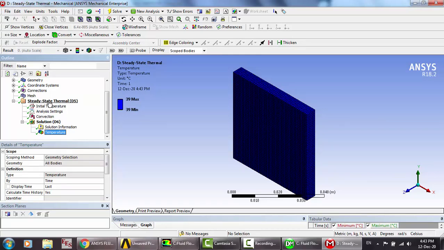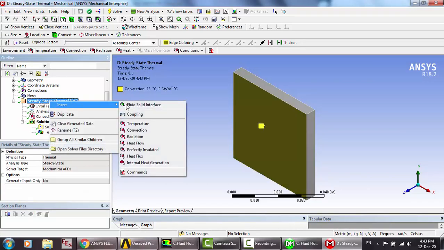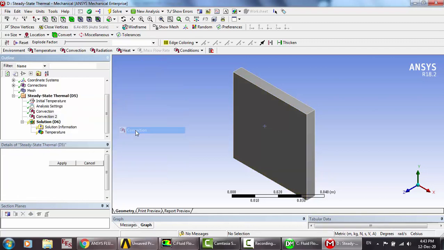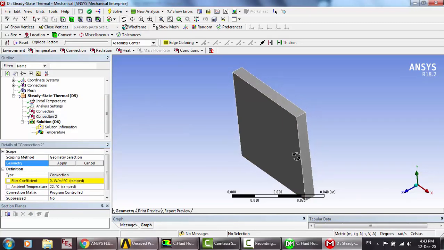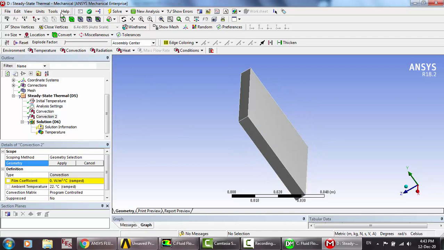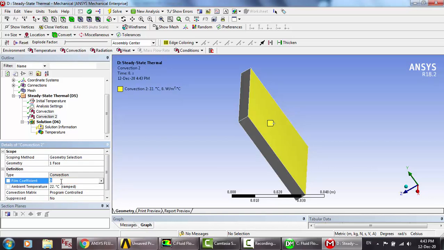Okay, because we do not see any changes, now I'm gonna add convection again to the back of it. It actually plays the role of the air duct in Fluent. We're gonna make it just maybe 10 at the 27. Remember that we used 27, and now we're gonna make it 27 here with 10.